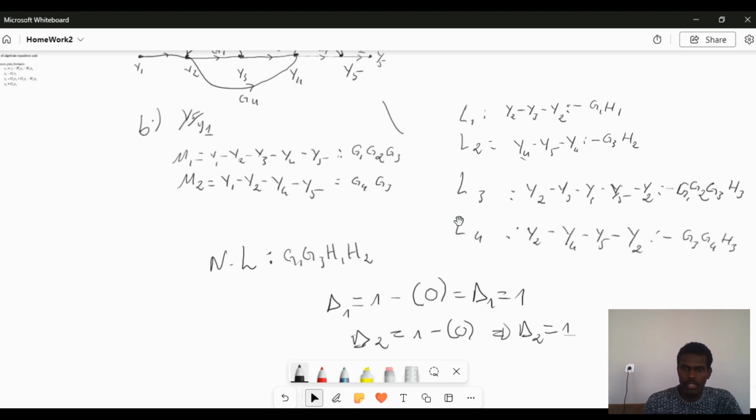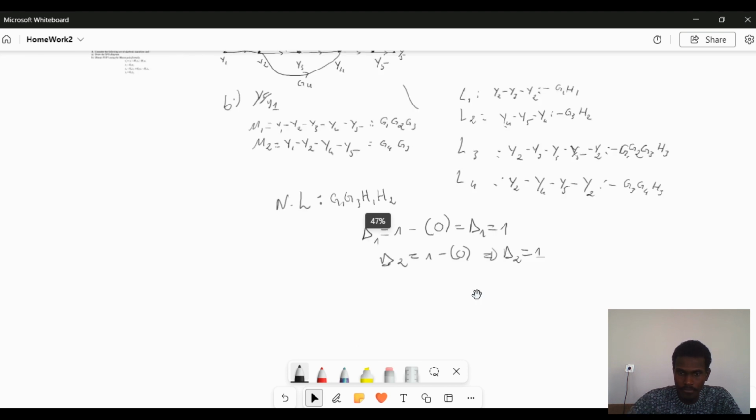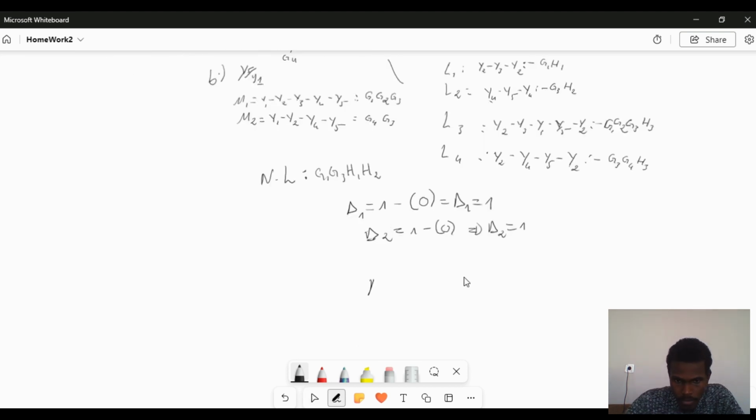So now we can find delta. Delta is equal to 1 minus the sum of the gains of all individual loops.